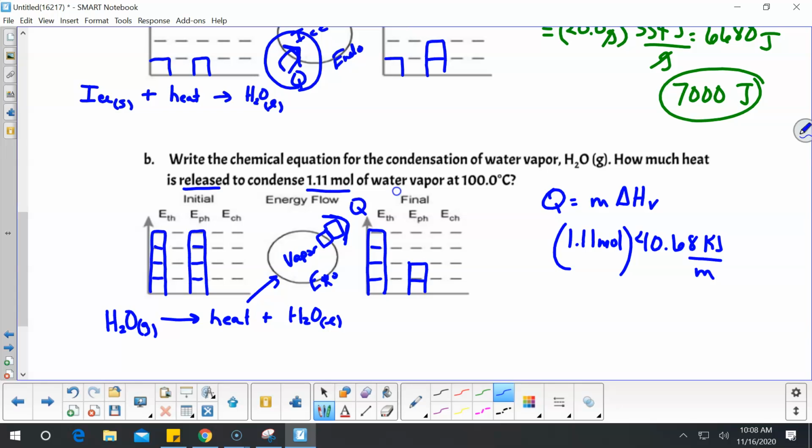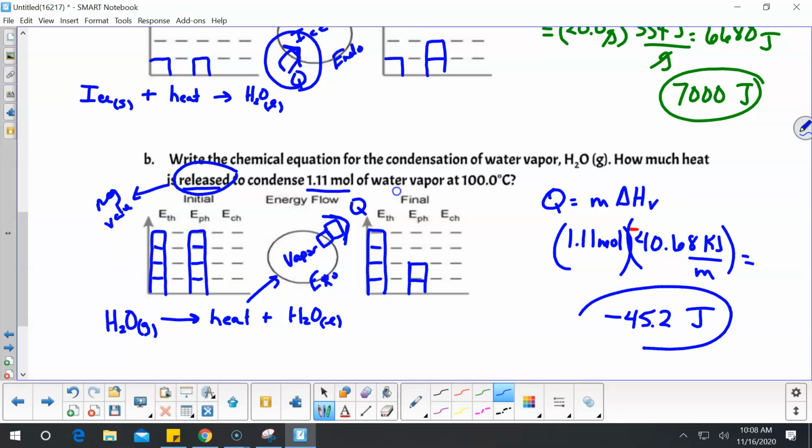Now, the other thing that I have to recognize is this is being released. If it's released, this should be a negative value. Right? It's exothermic here. I'm going to make this a negative value, a negative 40.68. When I do my math, I got a negative 45.2 joules. That's how much was released. So that would be the answer to this.